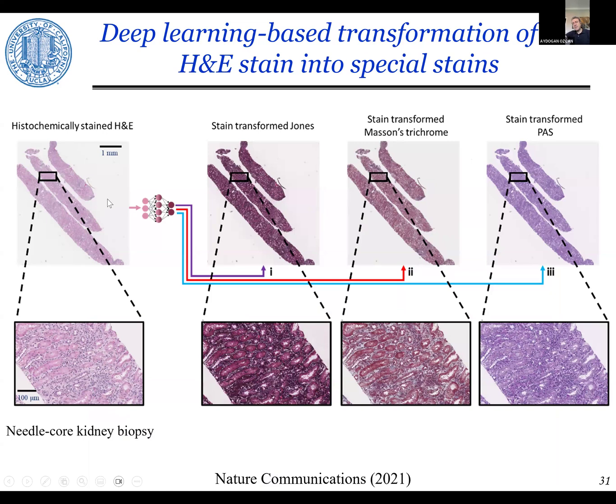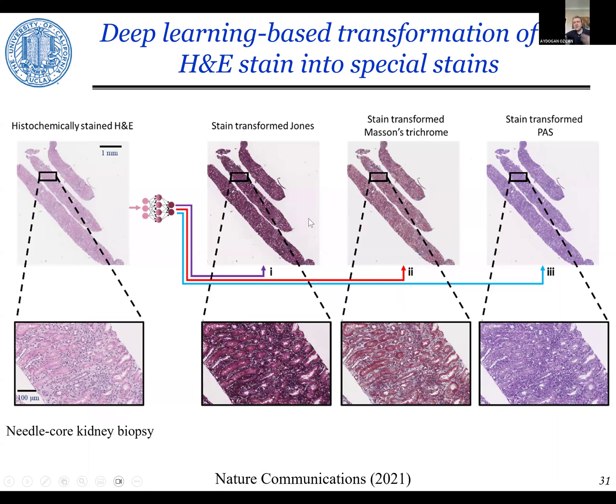A lot of times, because of insurance reasons, you start with H&E, and then special stains that are more expensive would come later. During this entire period, the patient would be waiting. What if you could provide a quick, distant H&E and virtually transform it to different stains that the diagnostician might need next week?